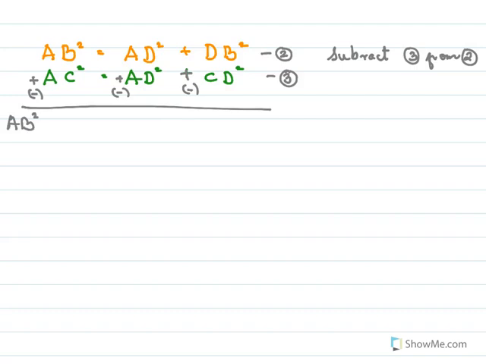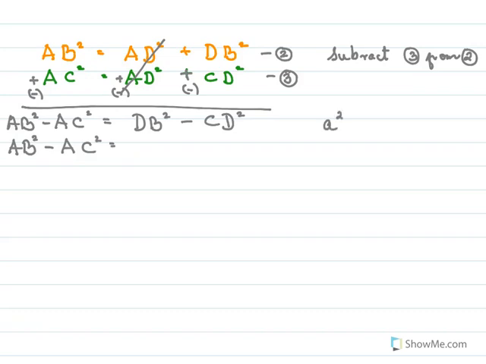We'll get AB square minus AC square plus AD square minus AD square will cut off. So this would be DB square minus CD square. So AB square minus AC square.